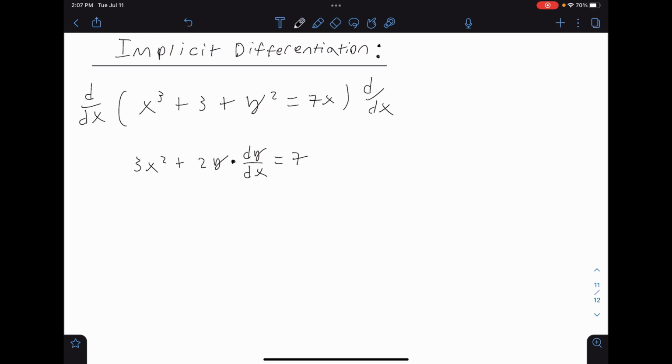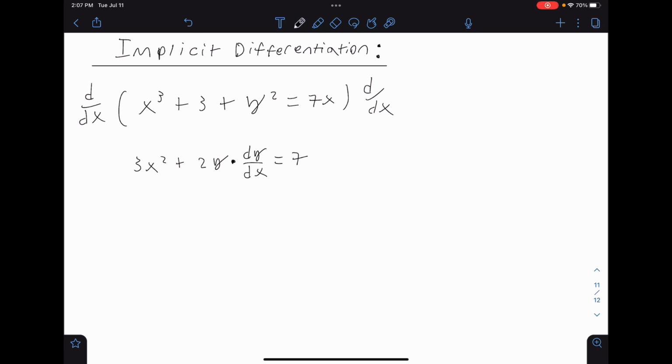In order to find the derivative of an equation where you're given two variables, x and y, where one of them is an implicit function of the other, you have to take the derivative of both sides, but then after that, this dy dx term that's multiplied to our y variable here, you have to isolate it.